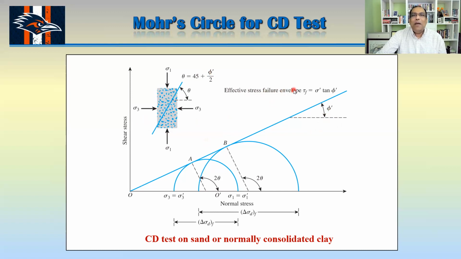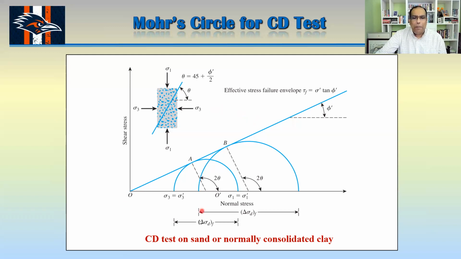At the same time, this is the total stress failure envelope. Why is that? Because I did that test so slowly during the consolidation as well as when I applied that axial load that all the time the pore water pressure was 0. This means your total stress is equal to your effective stress. So basically, this is the same line for your total stress and effective stress, and your pore water pressure is 0.